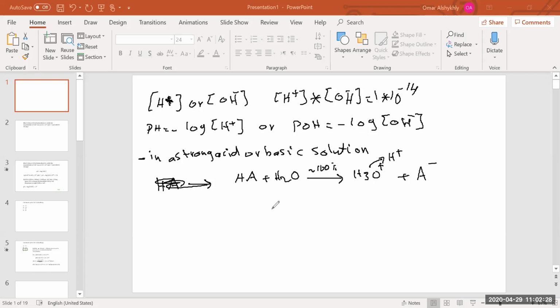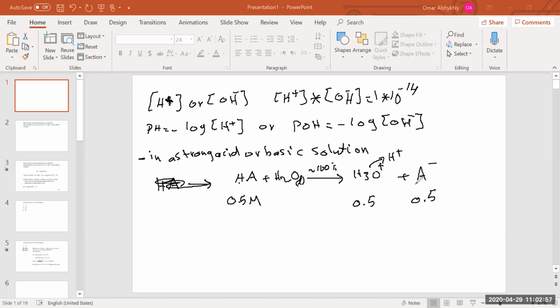Now, when it completely dissociates, what does that mean? If you have 0.5 molar here, water is liquid, we don't write the concentration of it. The H3O positive, or the H plus, will be 0.5 because we have just one H. The A negative will be 0.5 because also we have one.